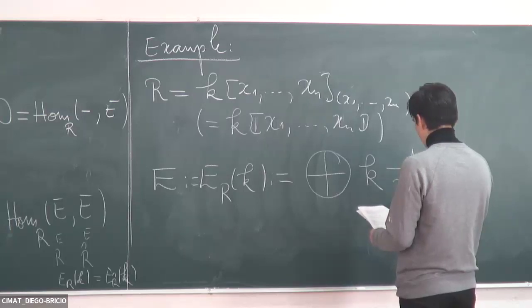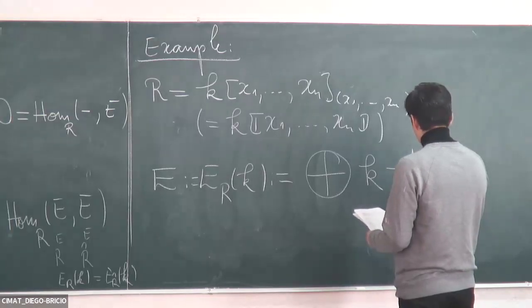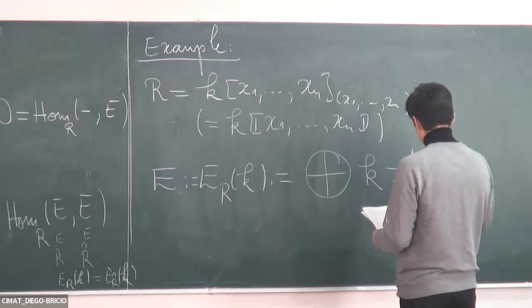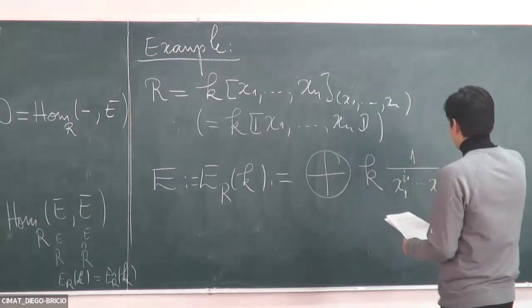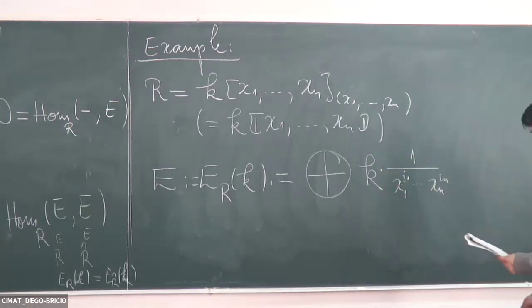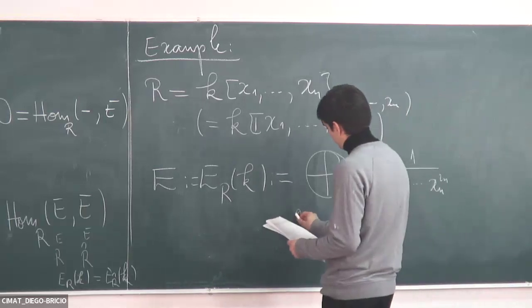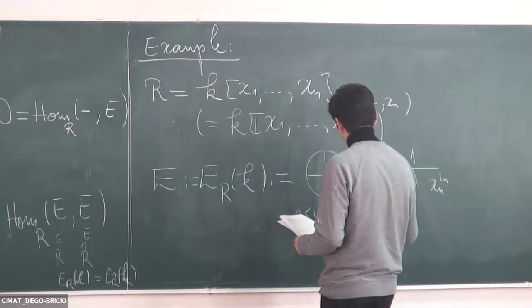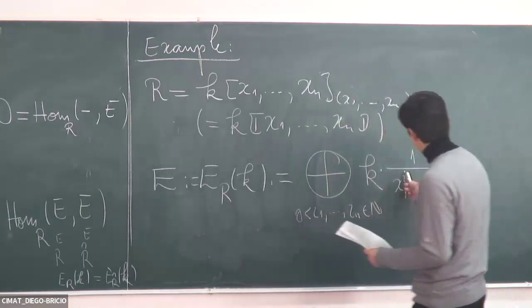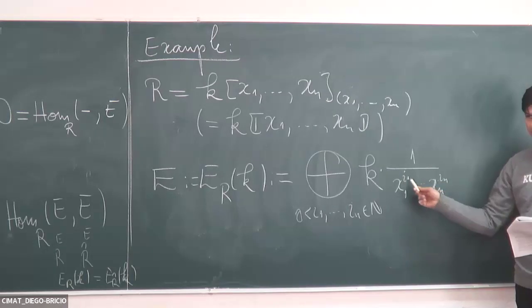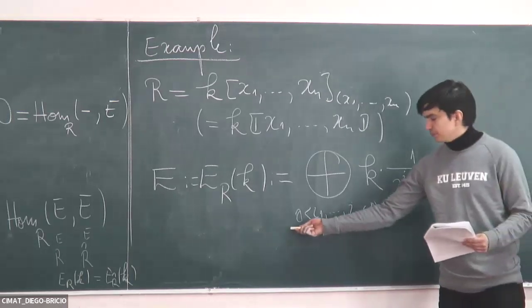I'm going to take monomials, but I'm going to take them to be negative monomials with negative exponents. So I'm going to take objects like this. And I'm going to take this to go from here to here now. So all I need are these monomials to always be positive. Okay, that's what I mean here.